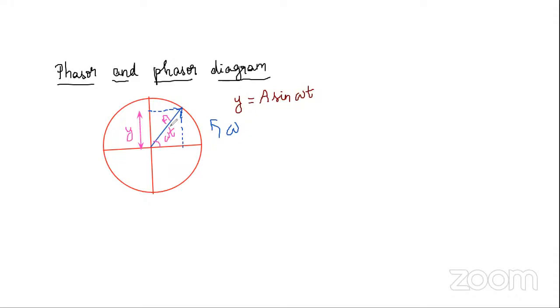So here in this simple harmonic motion, the amplitude vector A rotates with angular velocity omega.